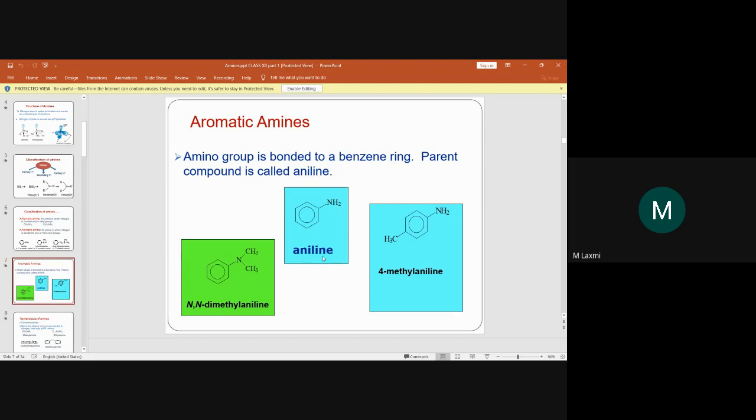This is the parent compound aniline. To this, other substitution will happen, like two methyl groups attached. So this is an example of tertiary amine, because one R is methyl, another R is methyl, another R is an aromatic ring. So the name of this compound is N,N-dimethyl aniline. So this is methyl aniline.